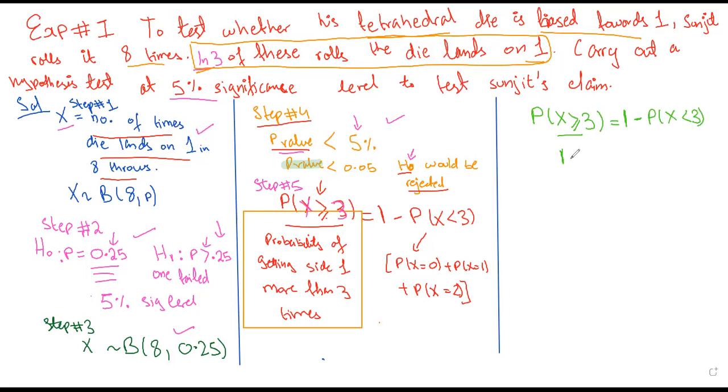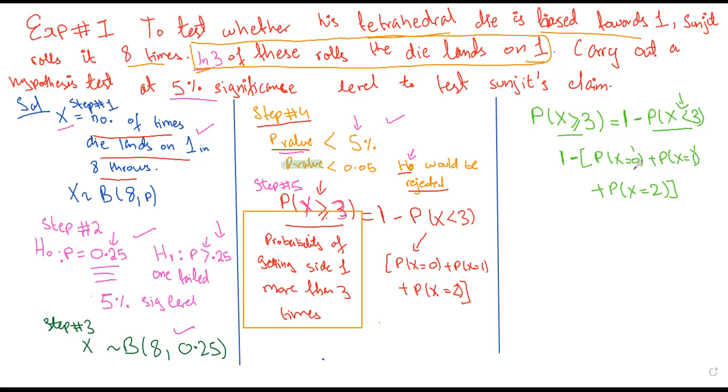Now obviously the probability for X less than 3 is probability for X equal to 0 plus probability for X equal to 1 plus probability for X equal to 2. Because if X is less than 3, it would be either 0, 1 or 2. Do you know this?